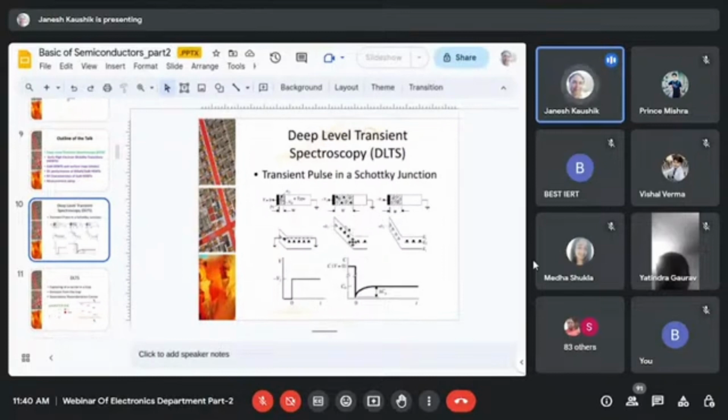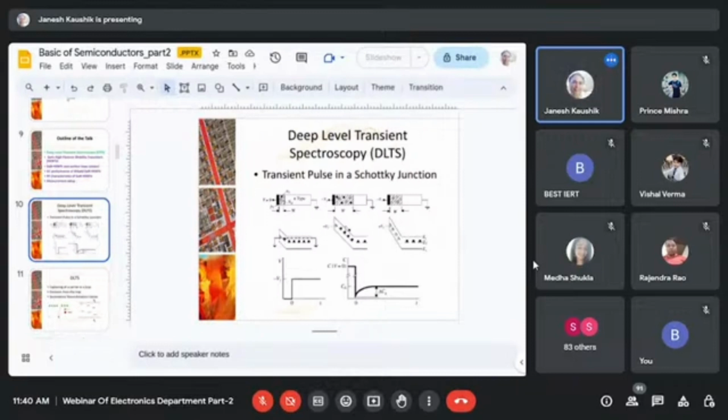It can emit a hole also, but that will be a minority carrier, and the shape of the capacitance transient will be different. But here is the case of a majority carrier trap. So it will emit, and in the third diagram, you see the capacitance increases, meaning the depletion width reduces due to the emission of carriers from those traps, and that is a very important phenomenon.